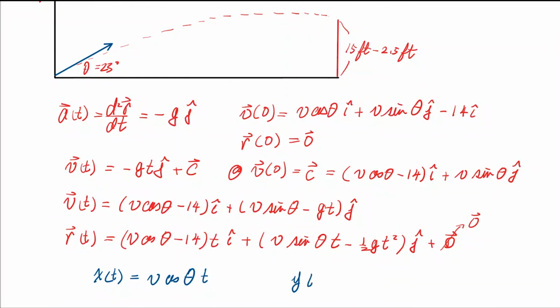And y used to be V sine theta t minus 1/2 g t squared, right? But the only thing that changes is that initial velocity here. So the only thing that changes is we just add this component. You get it? And then everything else works out exactly the same way.